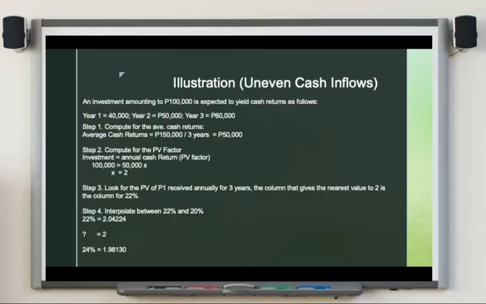Okay. Next is what if our cash inflow is again uneven? So an investment amounting to 100,000 is expected to yield the following cash return. For year 1, that is 40,000. Year 2 is 50,000. Year 3 is 60,000.